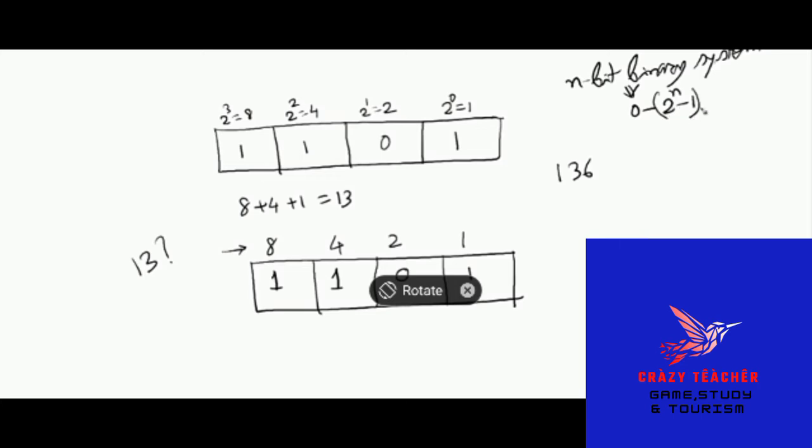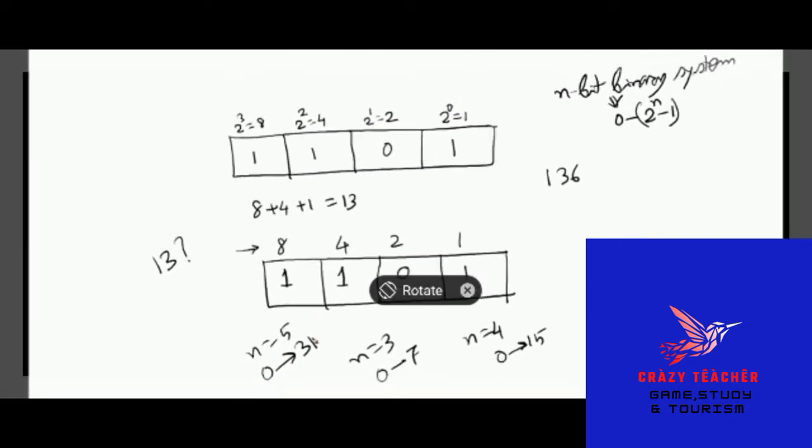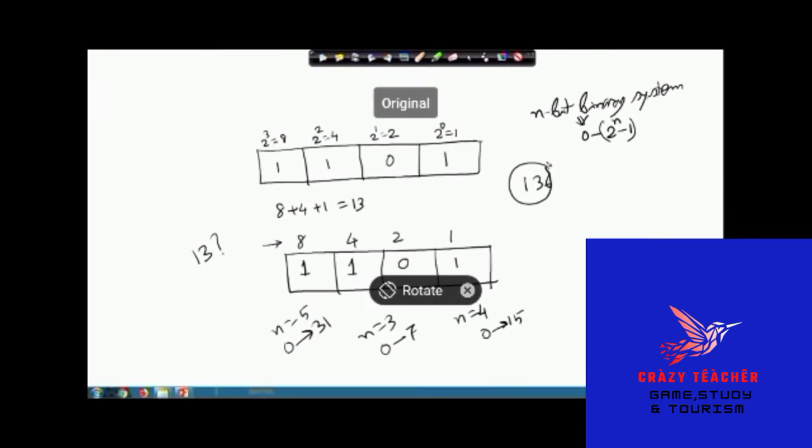Let us look into the individual digits of a binary number. Suppose this is a 4-bit binary number. What is the contribution of the first digit? That is 2 to the power 0, equal to 1. The contribution of the next digit is 2 to the power 1, equal to 2.